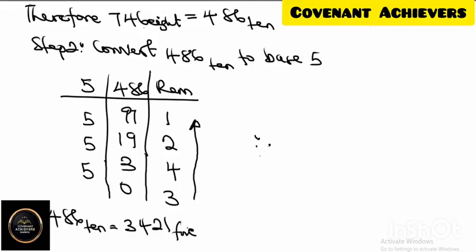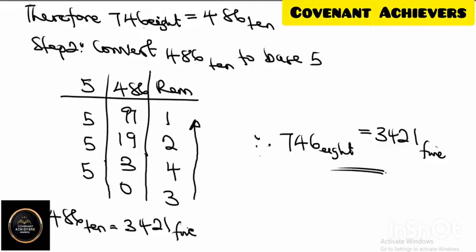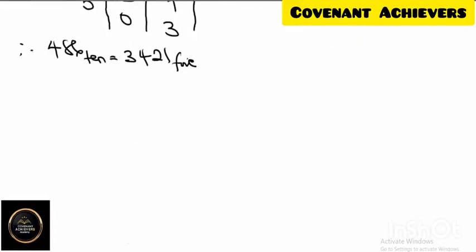So the question that we have, 746 base 8, is now equal to 3421 base 5, and that is what we have as the answer. You can see the way it has been demystified for you in a step-by-step way for easy understanding. And let's see what we have in the third example.